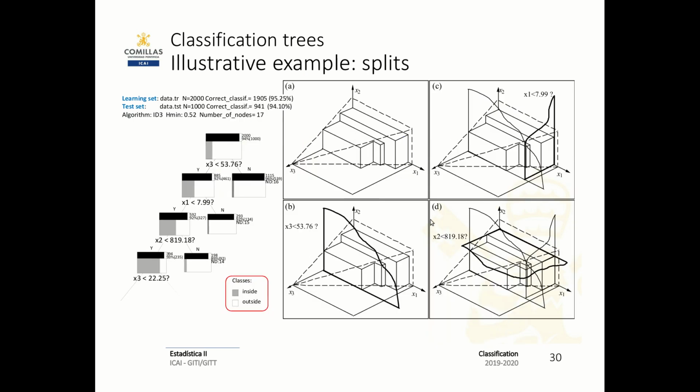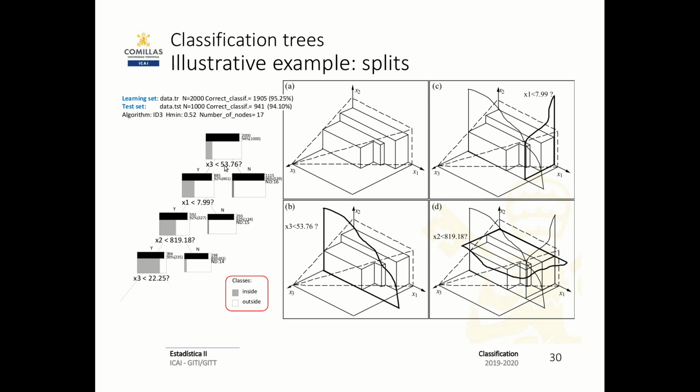So here what we have is a representation of 2000 points that are classified. We have separated the 3000 points into 2000 for training and 1000 for test, and for the training we have made a number of splits.